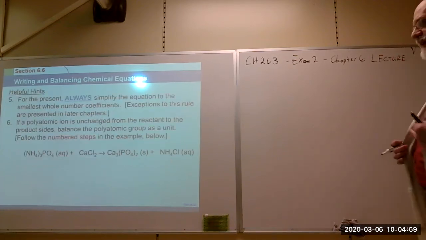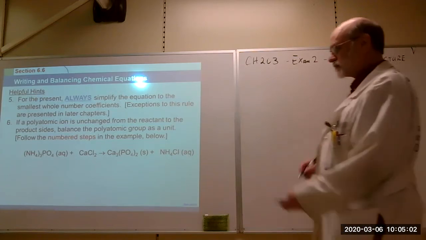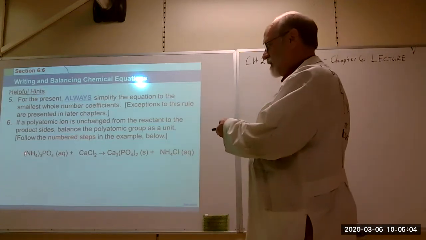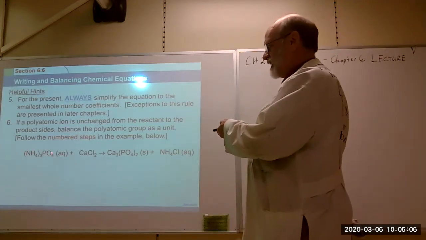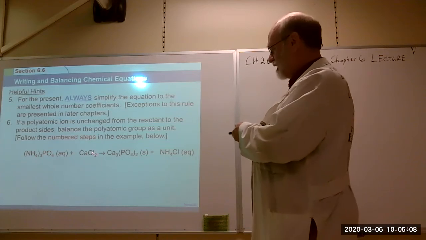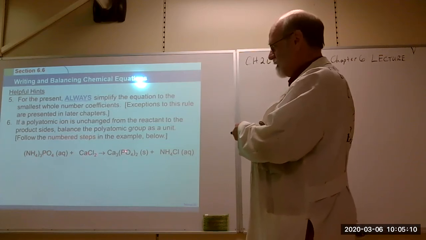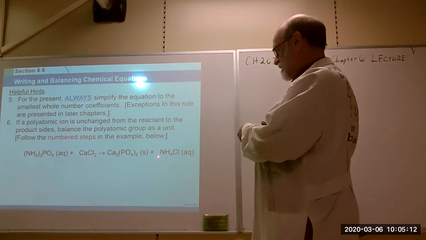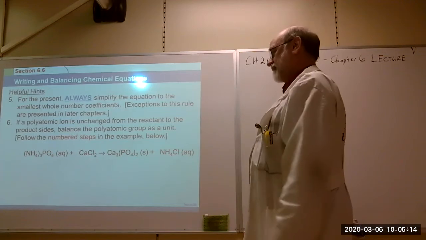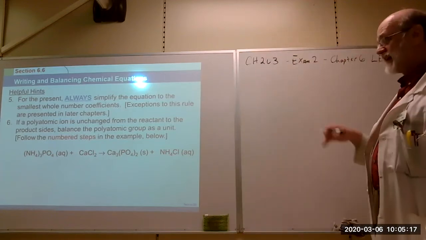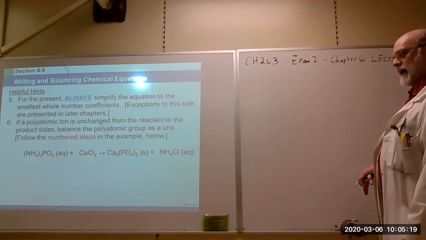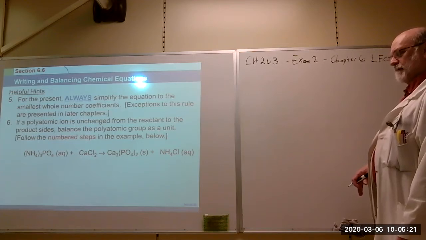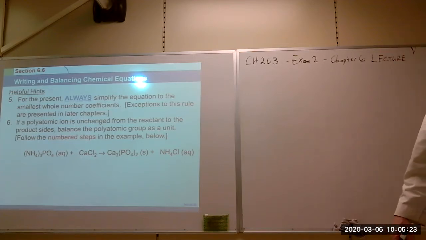This is a little more complicated. What is this? Ammonium phosphate. Calcium chloride. Calcium phosphate. Ammonium chloride. Right, so if we react those things together, you need another trick to help simplify things.